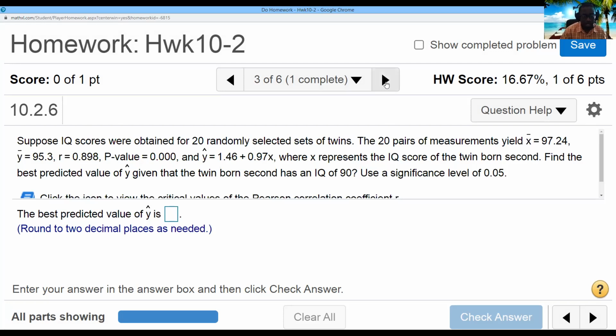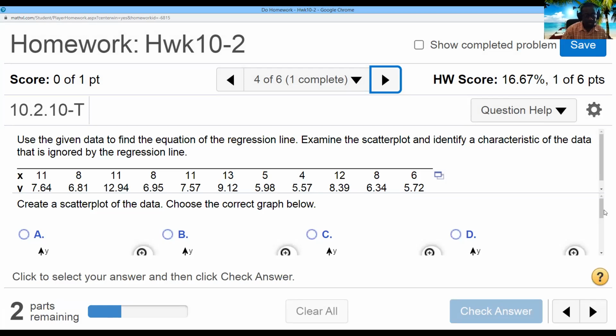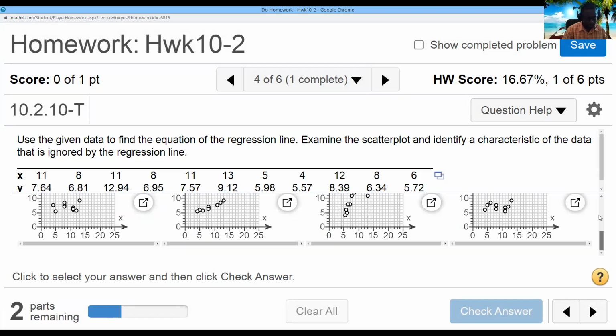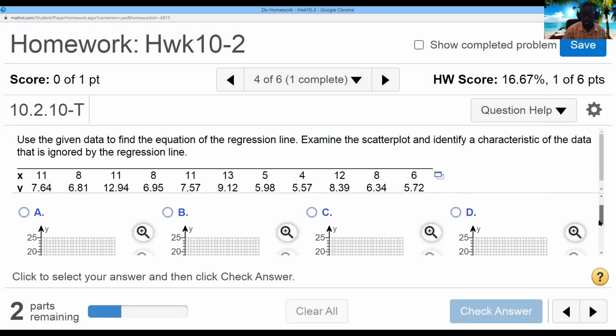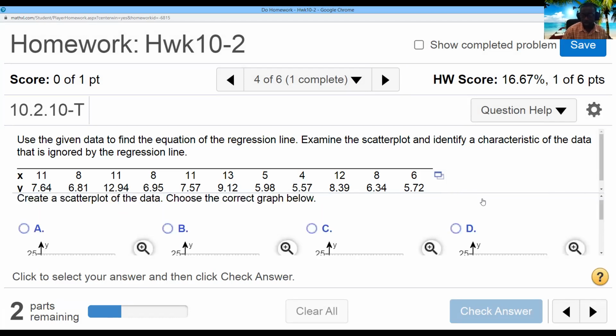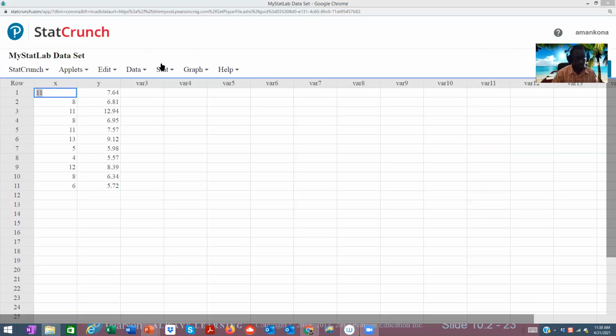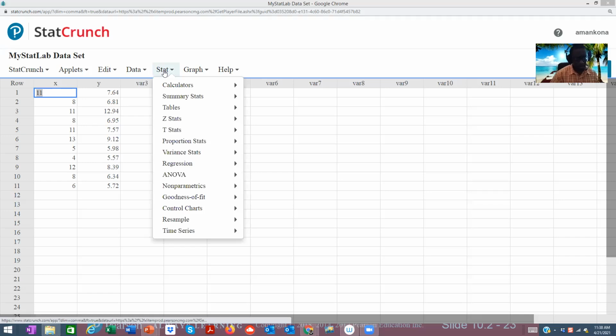Now let's go to question number 4, example 4. Here it says that we are given this data set and we want to find the scatter plot, find the regression line, and look at the characteristics of it. So again, let's open this in StatCrunch. Let's do the regression.